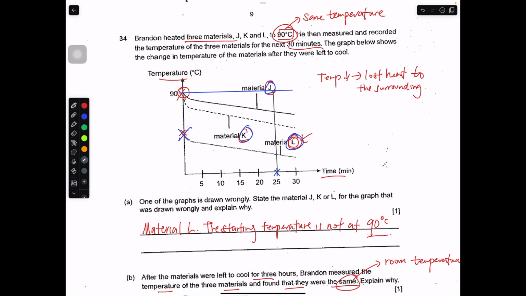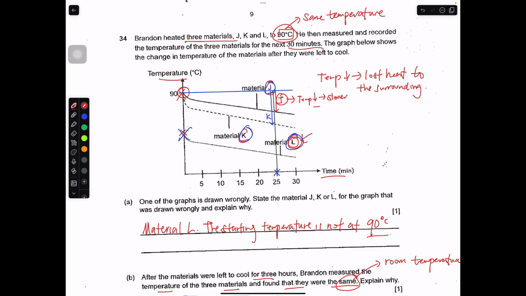Let me use red color. This is how much the temperature has dropped for J. And this is how much the temperature has dropped for K. Can you see that for J, the temperature decreases but slower?